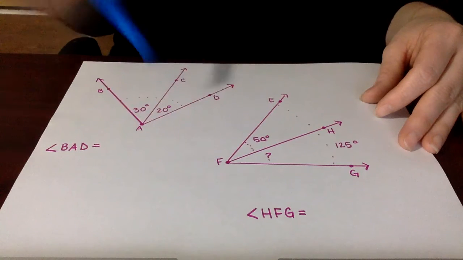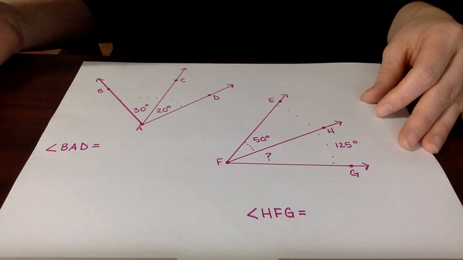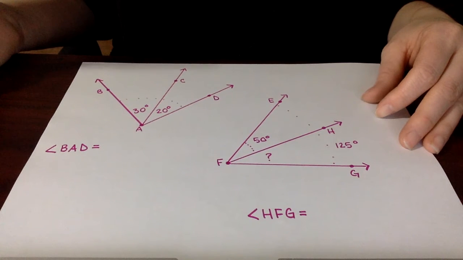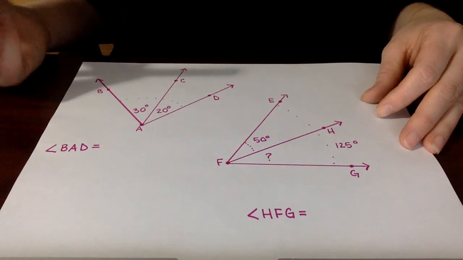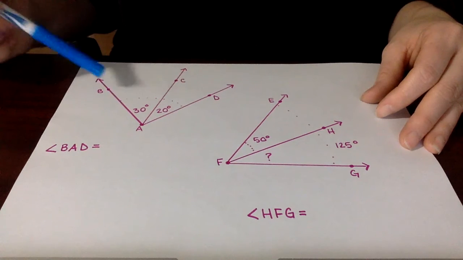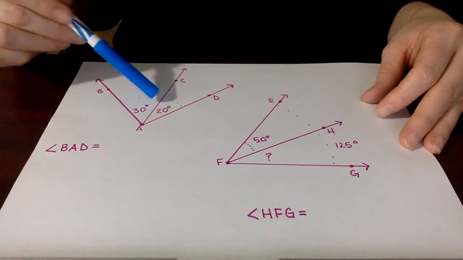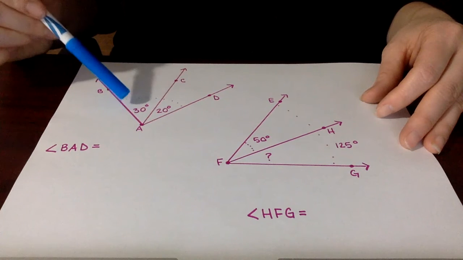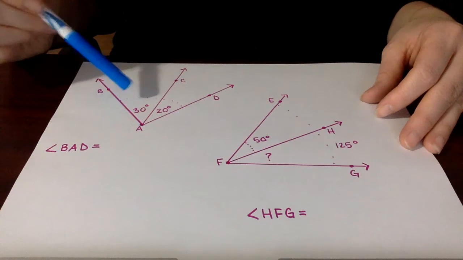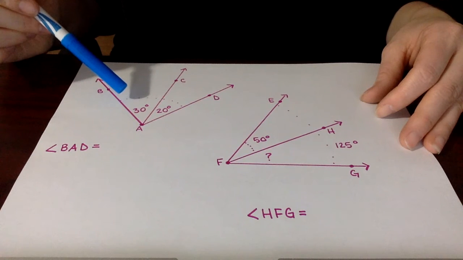You've been labeling the different angles and doing a great job. We're going to take that a little step further and add a bit more math. Angle BAC is labeled as 30 degrees, so that angle measures 30 degrees.